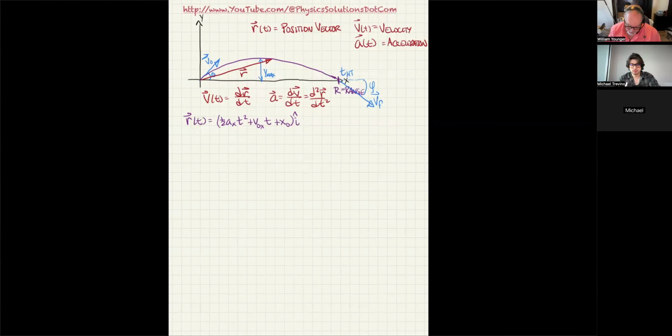Notice what all I did was I took the most complete position kinematic equation, which is x equals 1/2 at squared plus v0t plus x0. That's all I did. Now I'm going to do the same thing for the y equation, and that's going to be 1/2 a sub y t squared plus v0 sub y t plus y0, and that's going to be in the j hat direction.